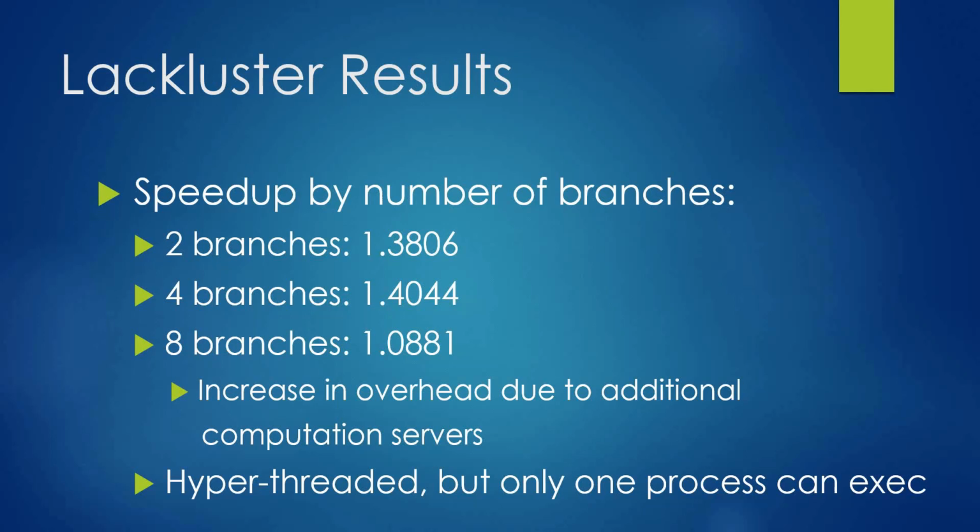Because we're using just raw machines, these machines use hyper-threading in their operating systems. Because their processors are split into two different threads, the operating system is tricked into thinking that there are two concurrently running processes. But of course, only one process can execute at a time.